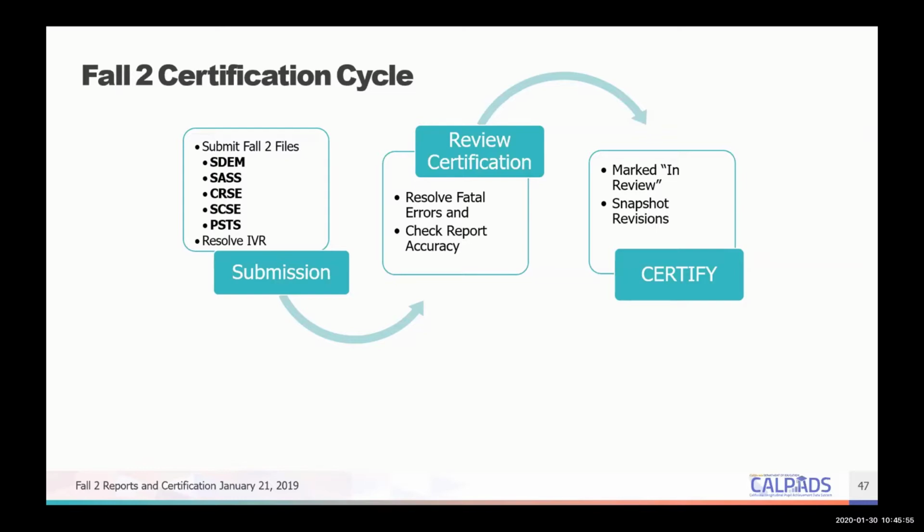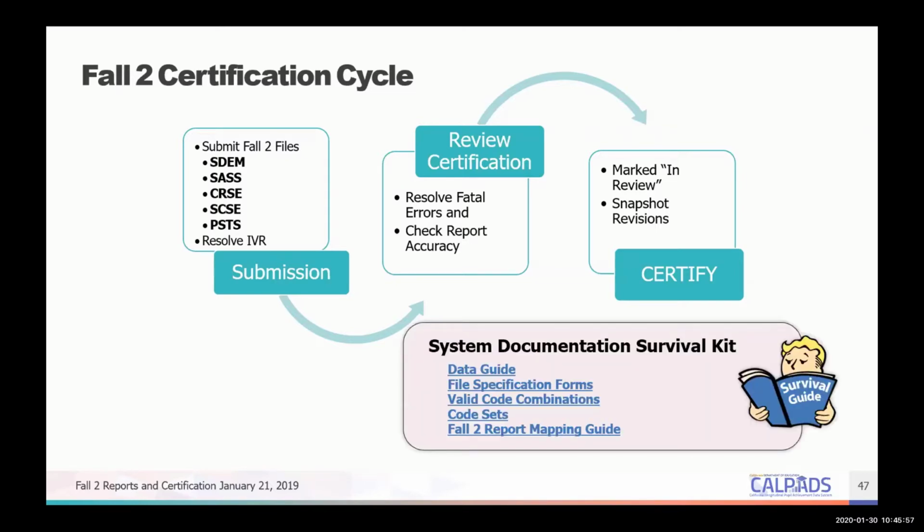And so, along this process, be familiar with these documents. Kyron mentioned them earlier: the valid code combinations and the error list. And then what you didn't see in the CalPADS user manual are the Fall 2 report mapping guides to help you understand how the reports are aggregated.